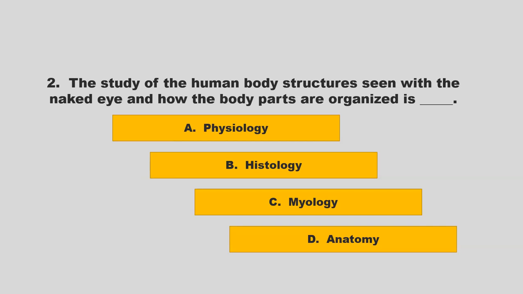The study of the human body structures seen with the naked eye and how the body parts are organized is physiology, histology, myology, anatomy. If you chose D, anatomy, you are correct.